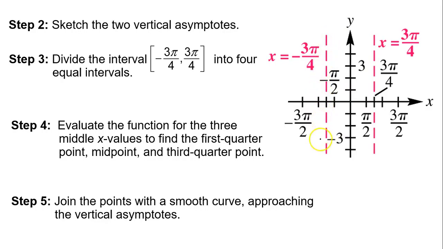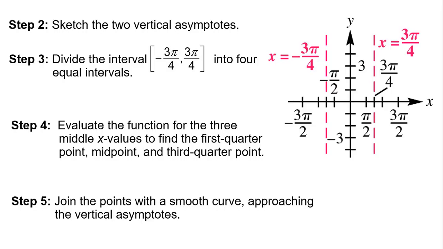So what you see here in this pinkish color, this is negative 3 pi over 4. That's one of your vertical asymptotes. And then positive 3 pi over 4, that's the other vertical asymptote. Now what we're going to do is divide the interval between our vertical asymptotes into 4 equal parts, just like we divide our period up into 4 equal parts for our sine and cosine function.